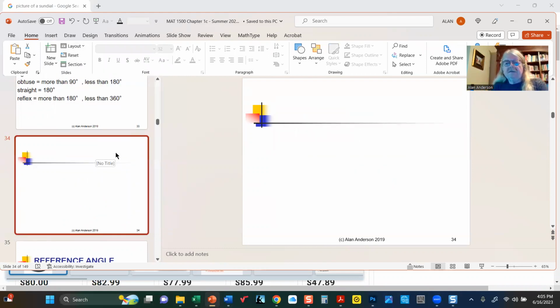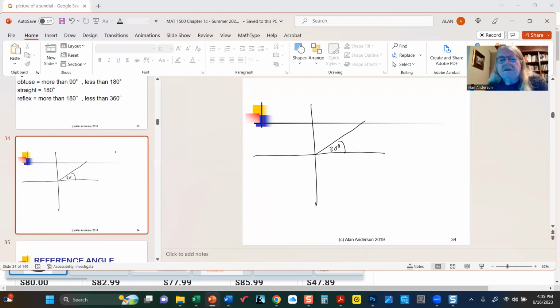Let's say, for example, this is 30 degrees. We go from the origin, the horizontal axis, up to this ray, and we've gone 30 degrees, 1/12 of the entire distance around a circle.